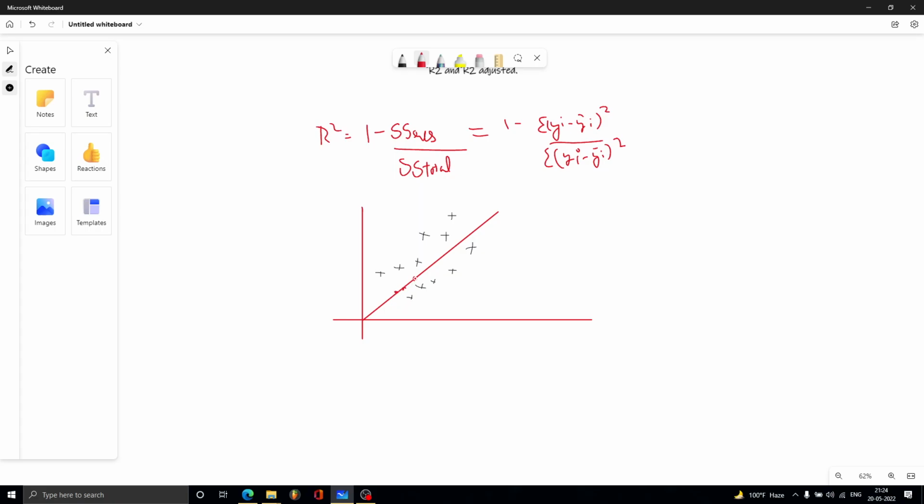The difference between the actual and predicted points is our sum of residuals: yi, the actual points, minus y hat i, which is the predicted points. Got it? Now what is our y dash i?